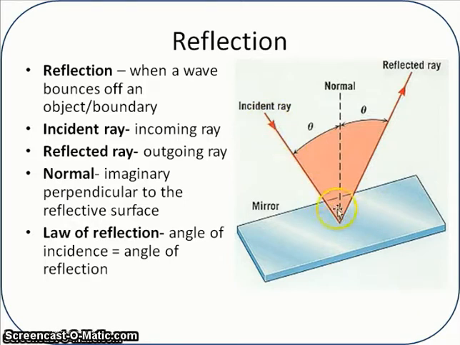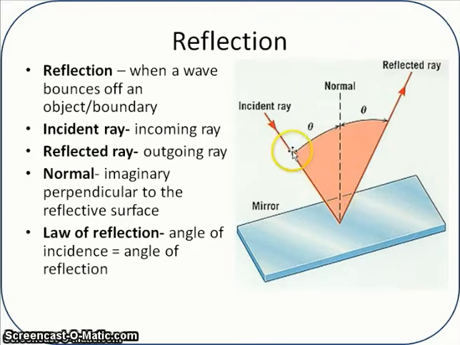It's hitting it at an angle, and when it hits the mirror it's going to bounce off. That ray we call the incident ray coming into the mirror, and after it hits we call it the reflected ray. There's an imaginary line that's perpendicular to the mirror. This is a perpendicular line called the normal.